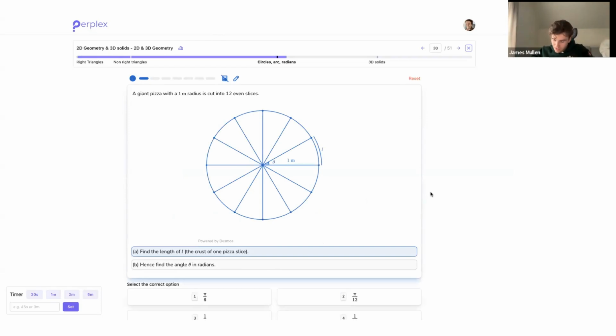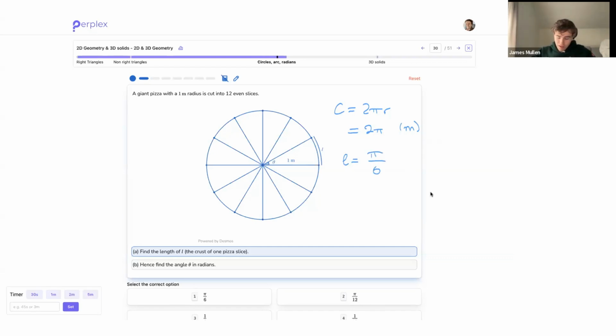So let's first think about the circumference of the whole circle. The circumference of the whole circle is 2 pi r, or in other words, because the radius is just 1, it's 2 pi, and you can put meters if you want. So L, which is going to be 1/12 of that because there are 12 slices, is 2 pi over 12, which is pi over 6.